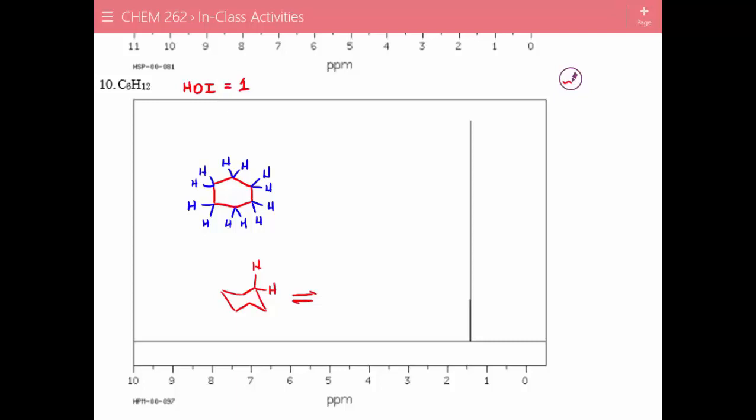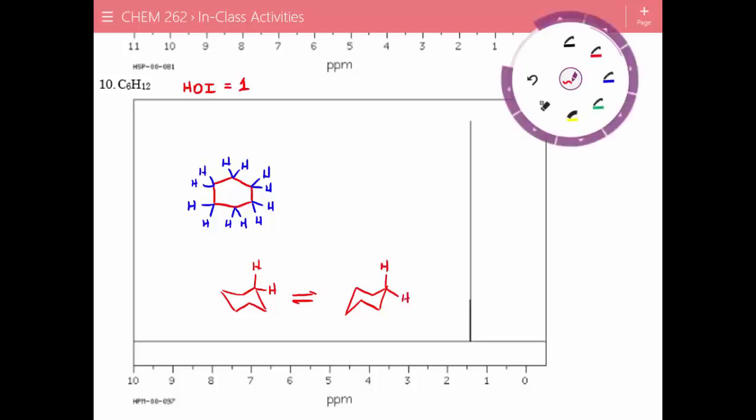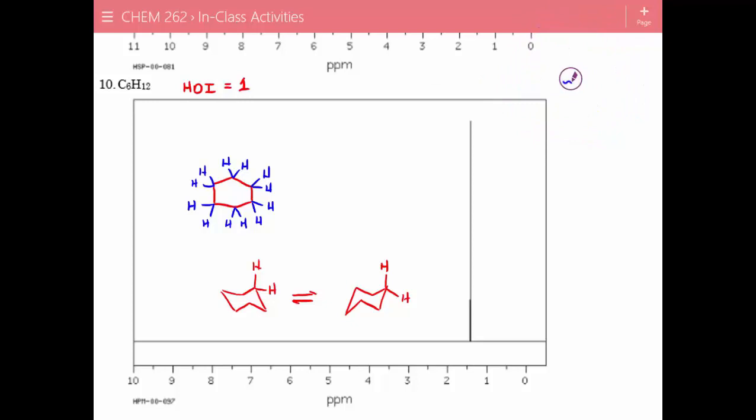It actually looks over a period of time, and this chair conformation can actually flip. So now if we look at these protons, let me do it this way, and I'll label these. HA, which was axial, is now in the equatorial position, and HB, which was equatorial, is now in the axial position.